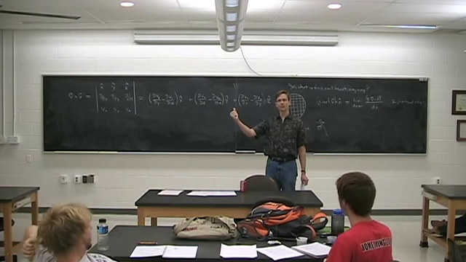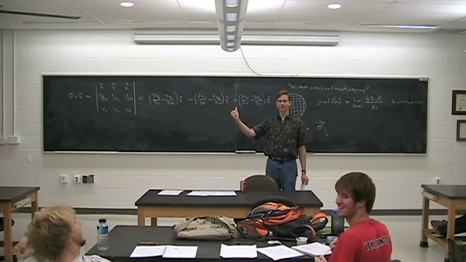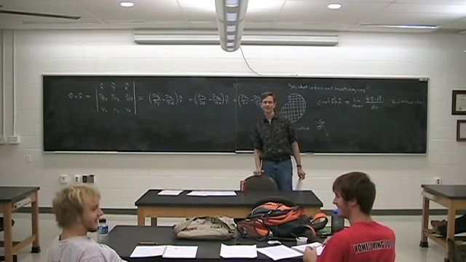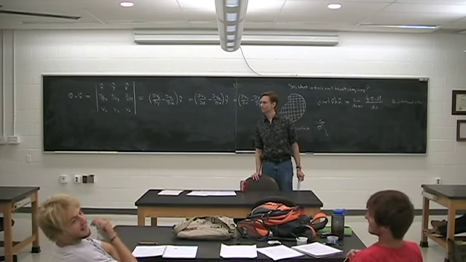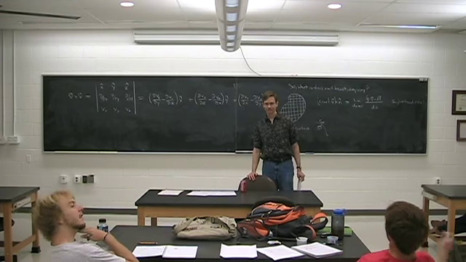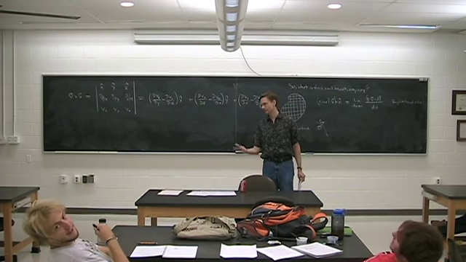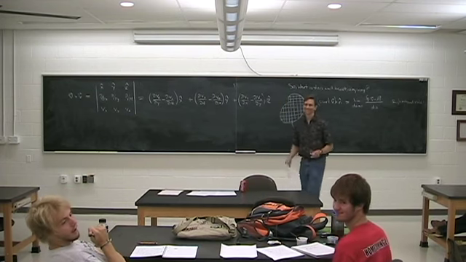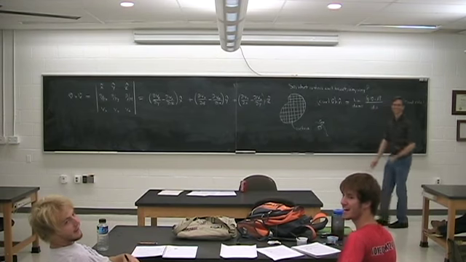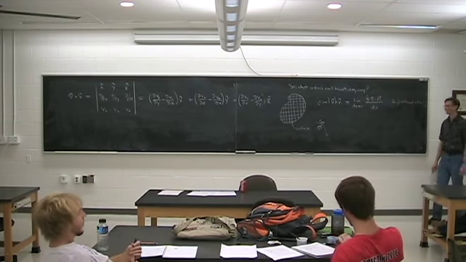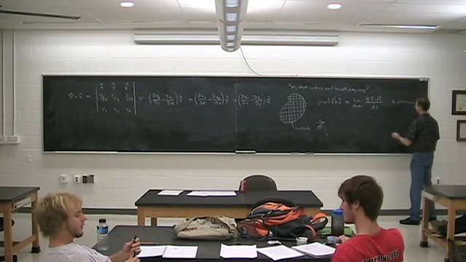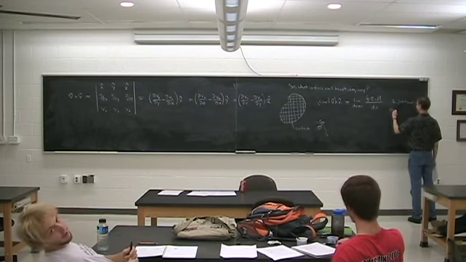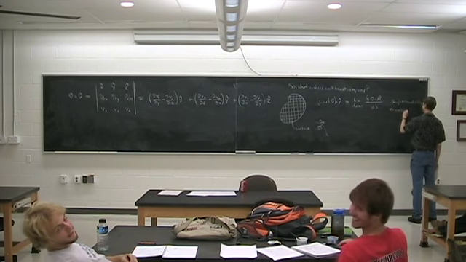You let your fingers do the walking, and then your thumb points in the direction of the n hat. For a vector, you want where your thumb's pointing. If you want a direction, you always follow your fingers.